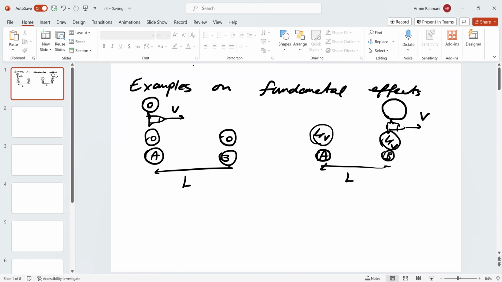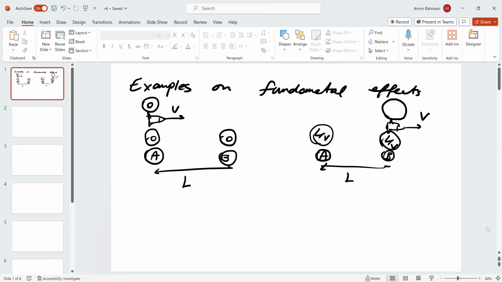And we know the answer. In this frame, if there's a proper time tau corresponding to the frame attached to the spaceship, we have time dilation.